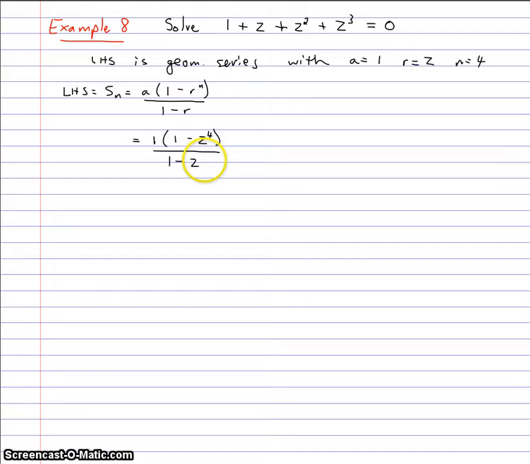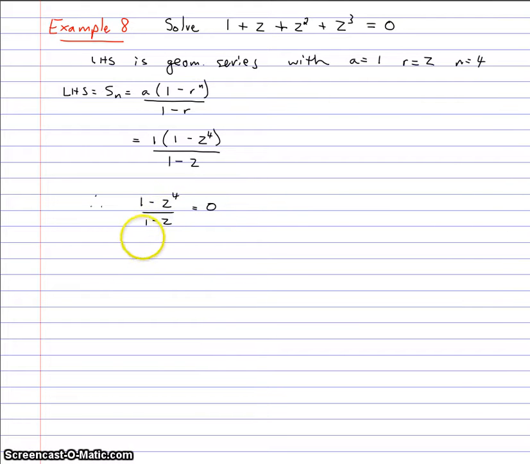Now let's go that little step further. This left hand side is going to be equal to 0. Now we can simplify this, multiplying both sides by 1 minus z.